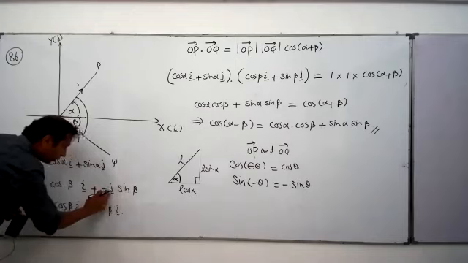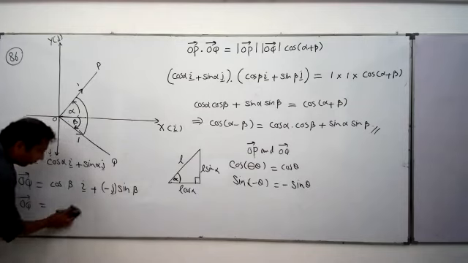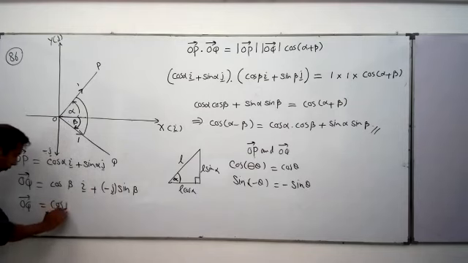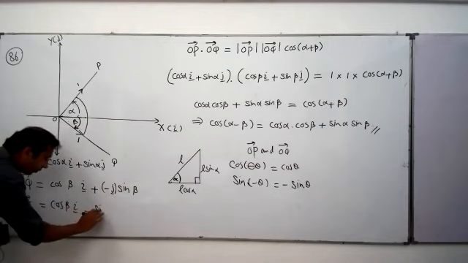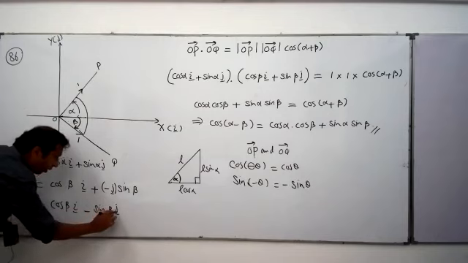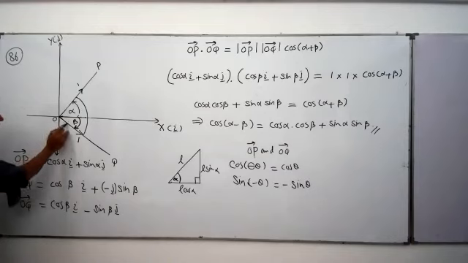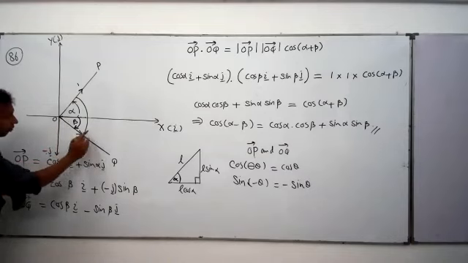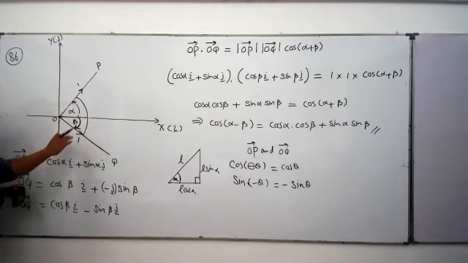Wait, that's correct. Because now this is what, people? Cos beta. I plus and minus make minus sine beta j. The reason is, I can again explain, in that unit vectors, when we find, people, we had a unit vector like this, making an angle beta like this, some angle we had in the previous example.